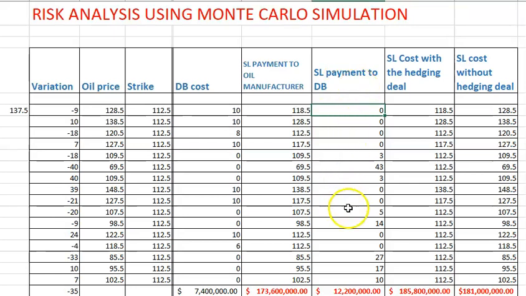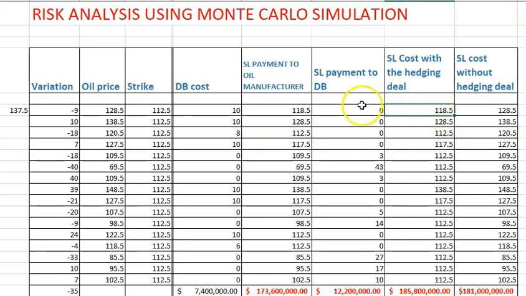So this payment depends on the oil price. Here I have an IF equation, and if the oil price is 128.5, then Deutsche Bank is going to pay us $10, and we pay the oil manufacturer 118.5. So our cost is 118.5.